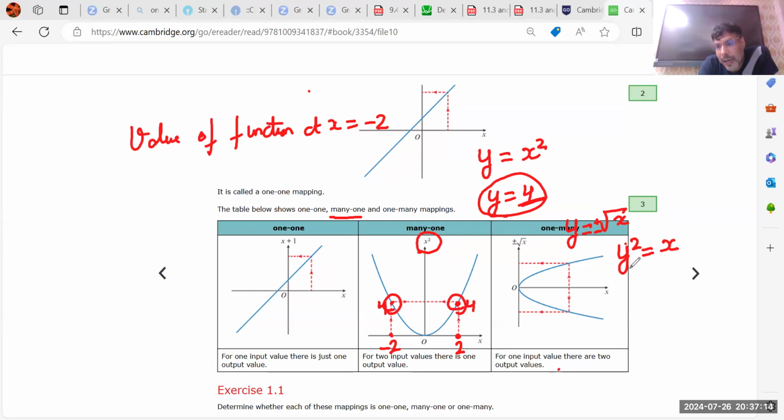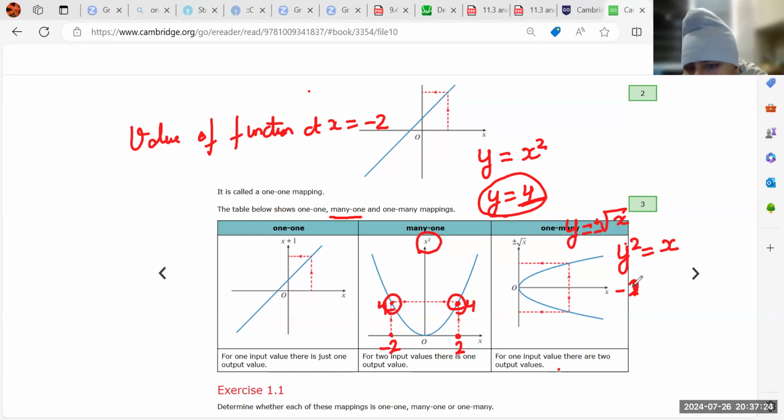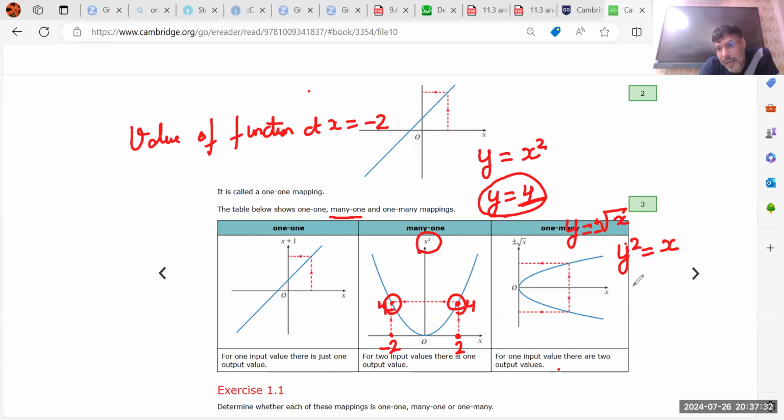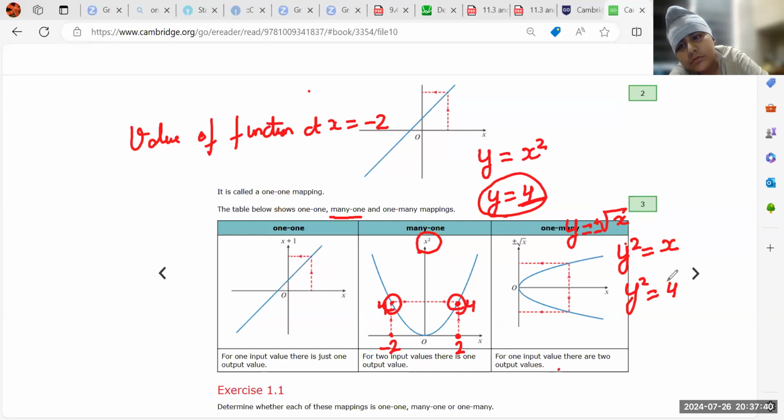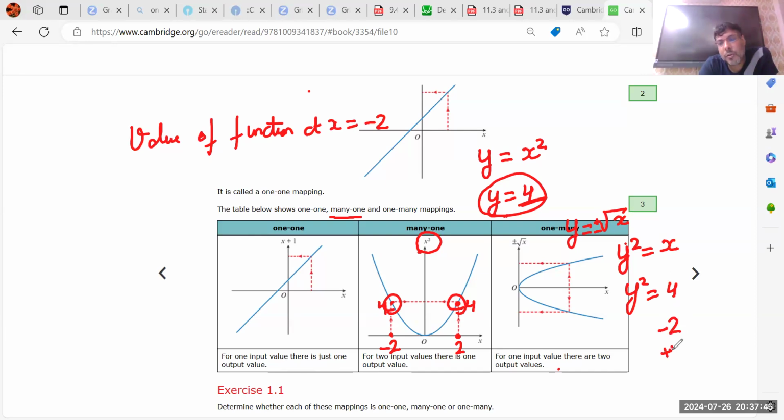Now suppose your y square is 4. Then what can x be? -2 or 2. So x can be -2 and +2, yes or no? Yes, so plus minus 2.